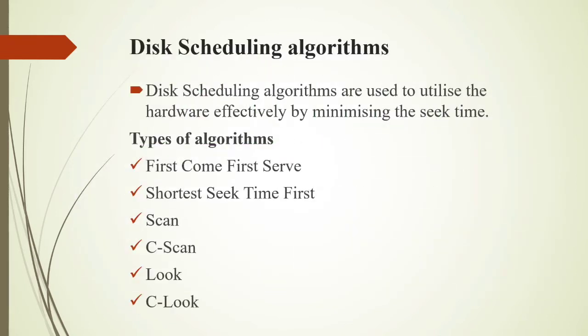Now let us see what the possible algorithms are to decide how multiple input-output requests get processed. This concept is what we address as disk scheduling. We have a few disk scheduling algorithms which are used to make the hardware of a particular system very efficient.